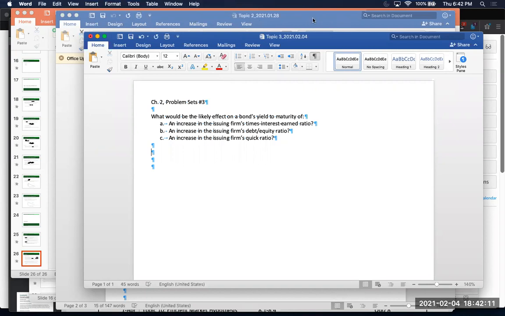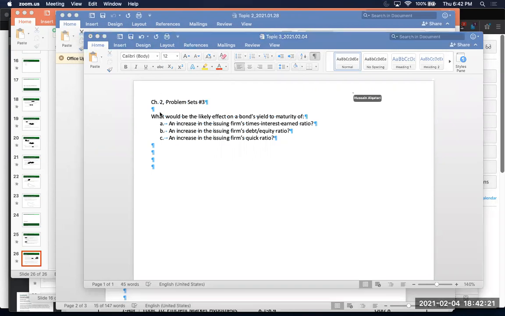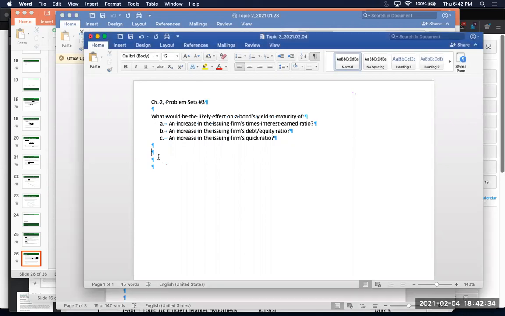So let me see. I haven't done annotation on this. Are you able to annotate? Is anyone able to annotate? Do I have to allow it? There we go. Okay. All right. Use the little stamp and use a check. And then you'll have to delete it on your own.